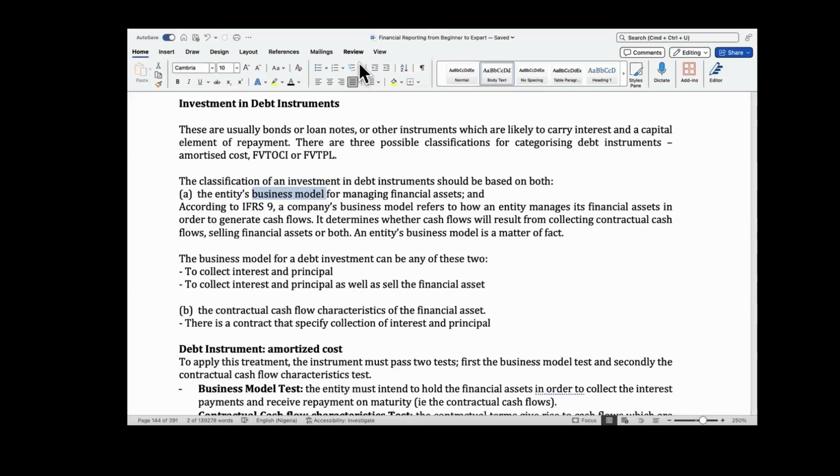We need to understand your business model. And regarding debt, there are two. Number one is that you want to collect interest and principal. There are some people, the reason why they have invested in government bonds or corporate commercial papers or corporate bonds is that what is attracting them is the interest.